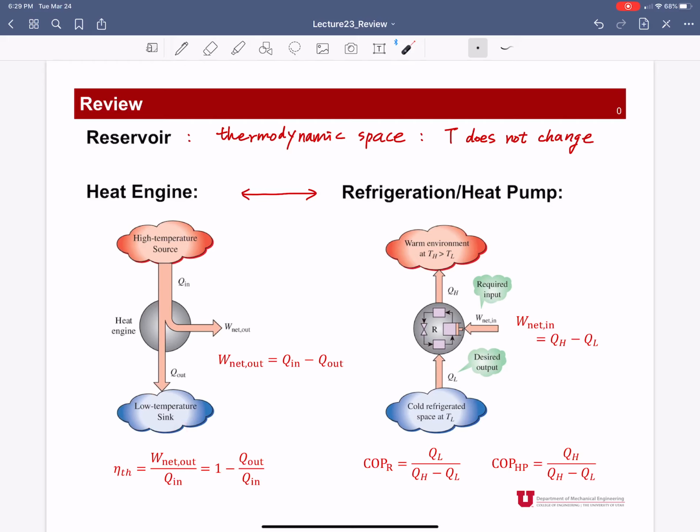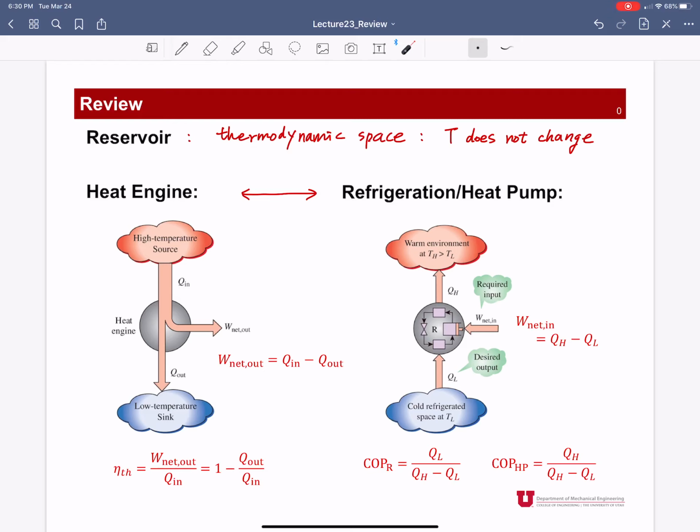The heat engine is placed in between to get certain heat from the heat source to the heat engine. From this heat input, we do certain net work to get this work out. And the remaining portion, after doing work, should be rejected in terms of heat to the low temperature heat sink.